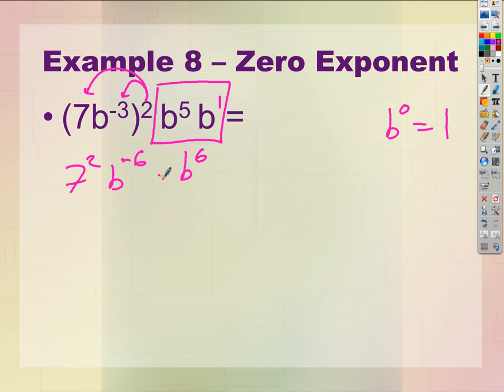And then look here, I've got b to the -6 times b to the 6. Those add up to -6 plus 6, 0. So I end up getting 7 squared times b to the 0. And what's anything to the 0? 1. So that becomes 1, and we just get 7 squared, 49 for our answer.